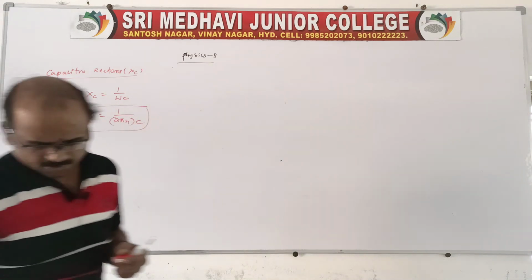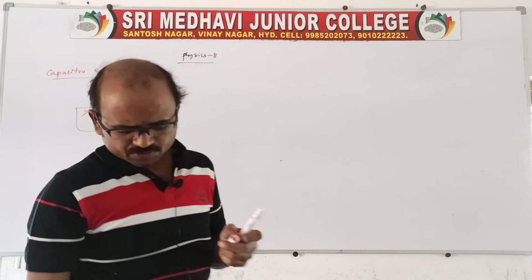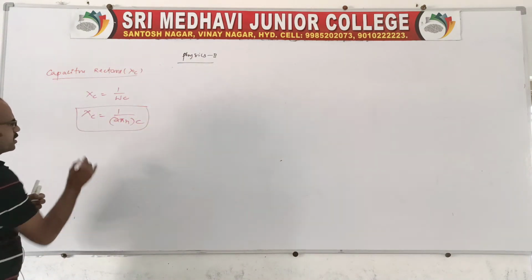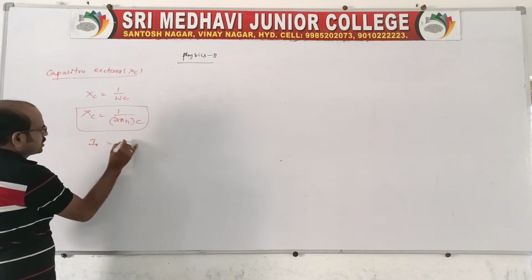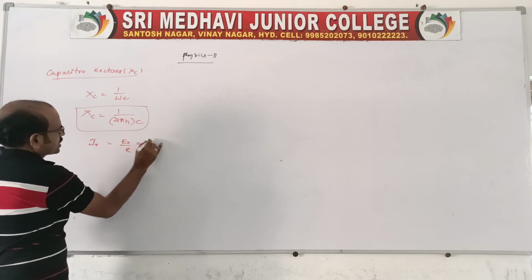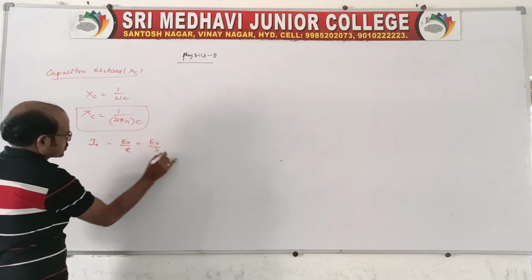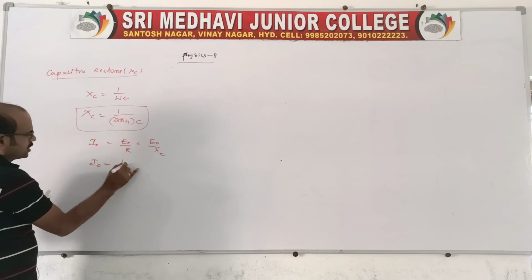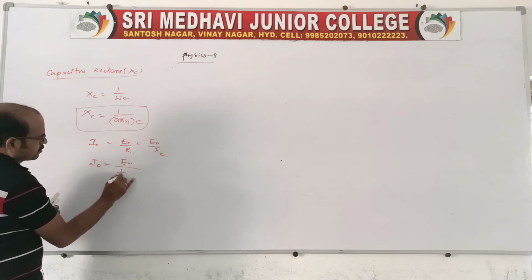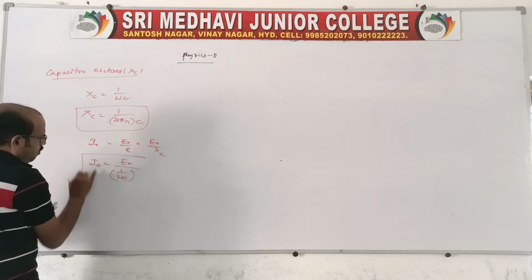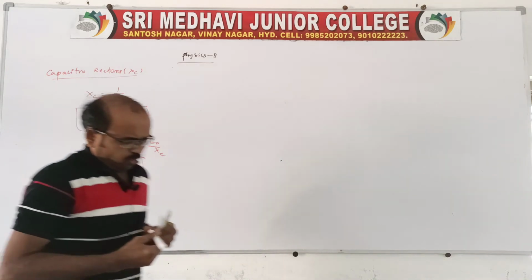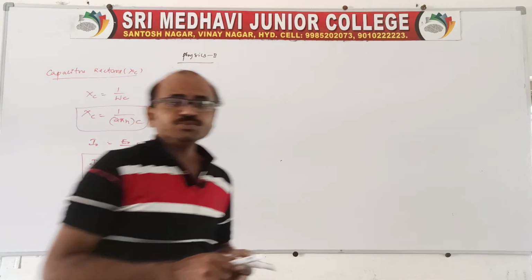Sometimes they may ask you this, so remember it. From here we can also write I naught is equal to E naught by R, or E naught by XC. So I naught is equal to E naught by XC, which is 1 by omega C. This is related to capacitive reactance.